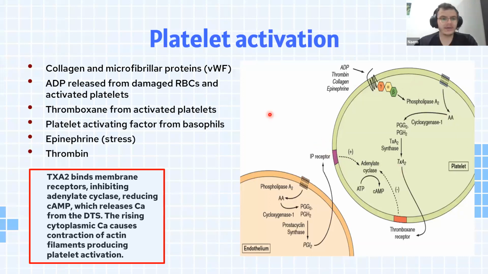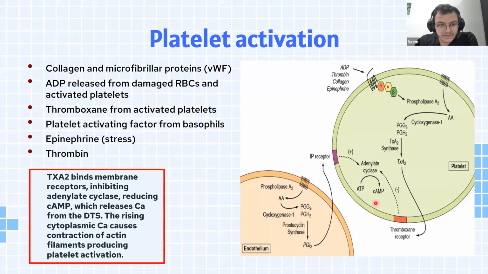ADP is usually released from damaged RBCs. If you got a cut on your hand, RBCs definitely got damaged, so the ADP will be in the blood and attach to its receptor and lead to platelet activation.